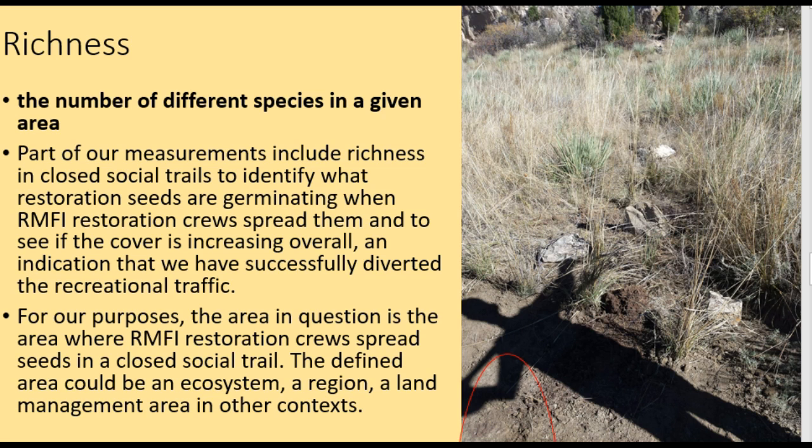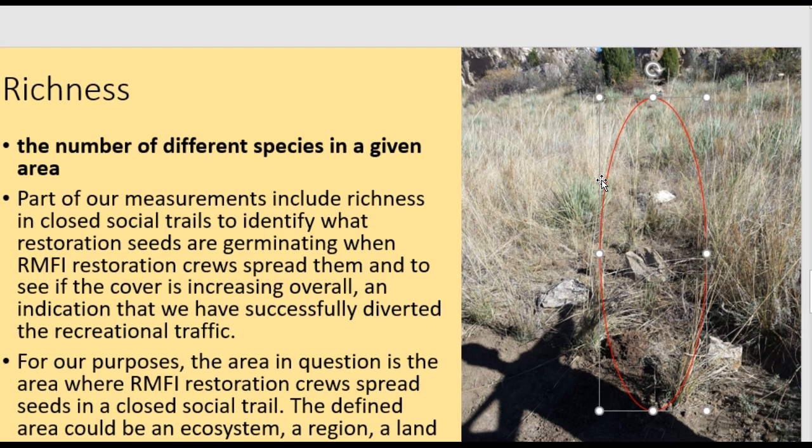So let's take a look at this picture. This was a trail that was closed in 2015. And if you look at the picture, you might not even know where the trail was before we closed it. But I'll show you right here. All right, notice that we put in some rocks.